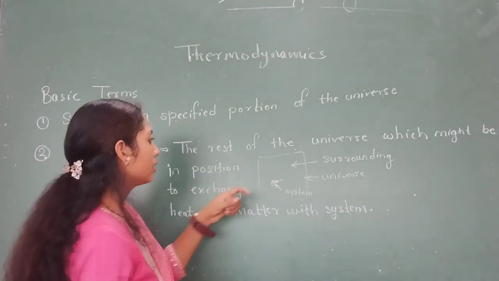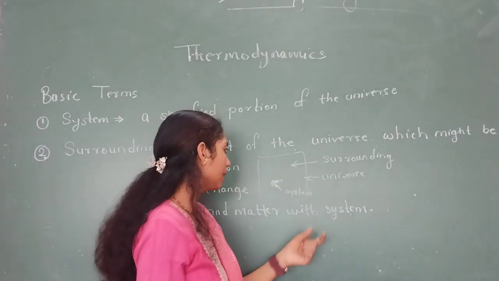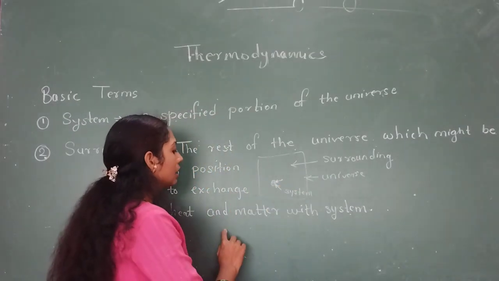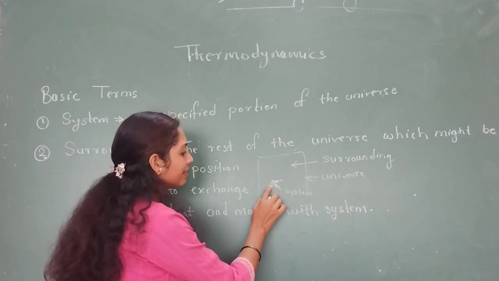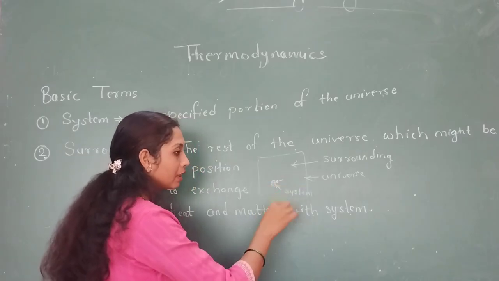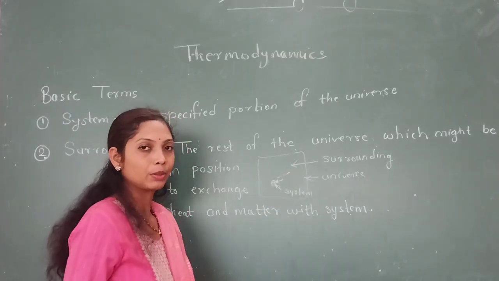Okay, rest part of the universe which might be in position to exchange heat and matter with the system. So here, if some matter and heat evolves or is exchanged from the system, then it will be with the surrounding.